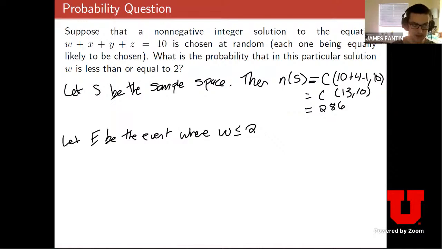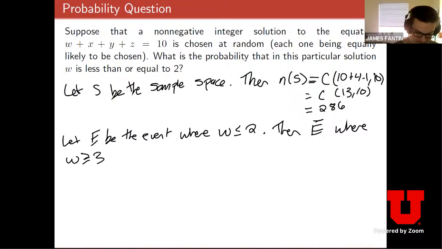So let's count instead E bar. Then E bar is the event where W is greater than or equal to 3. It's the event that contains all other possibilities.